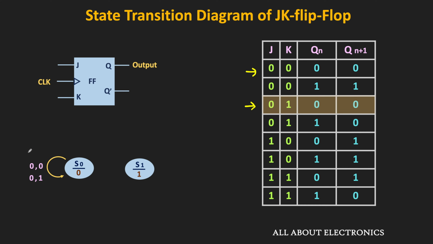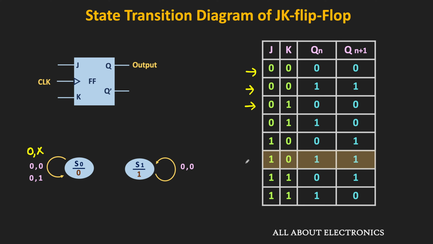So in general, we can say that when J is 0 and K is equal to X, then the output of the flip-flop will remain 0, or in other words, the flip-flop will remain in the S0 state. Likewise, currently if the flip-flop is in S1 state, and if the J and K inputs are 0, then the flip-flop will remain in the same state, and therefore its output will also remain 1.